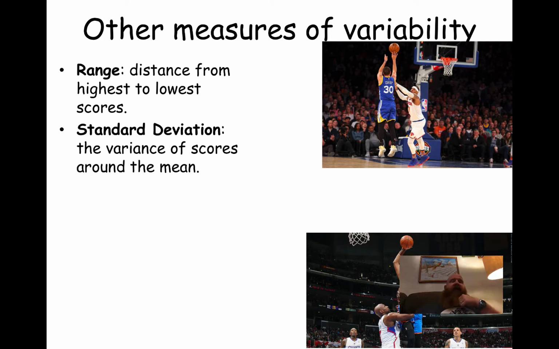But as a definition for your flashcards, you're going to want to put, essentially, it's the variance of scores around the mean. In layman's terms, it's how far away each score is from the mean.